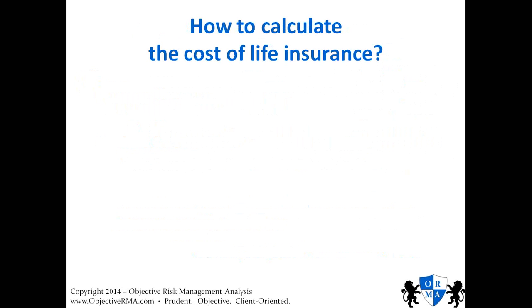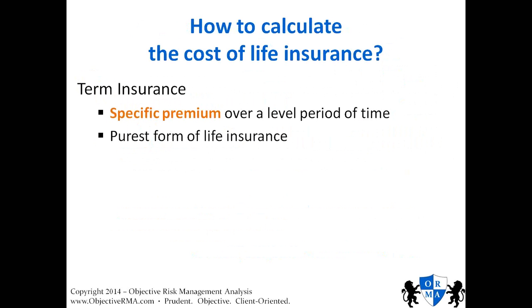One of the things that a lot of people are unaware of is the cost of life insurance. And with a term insurance product, it's fairly straightforward. You're essentially paying a specific premium over a level period of time, and it's really the purest form of life insurance in the sense that you're not buying anything else other than protection for a specified premium over a specified time.